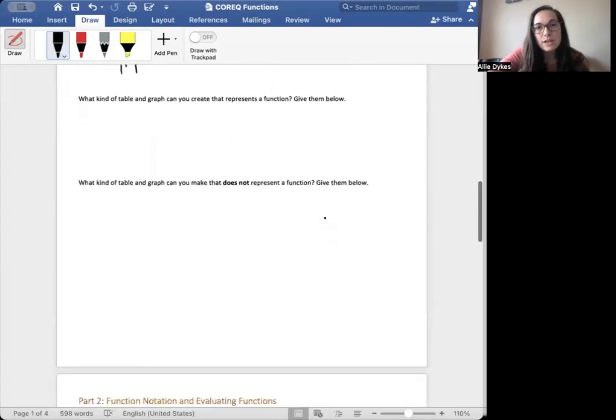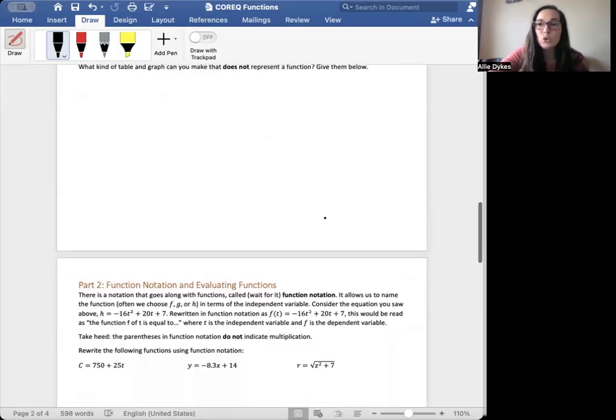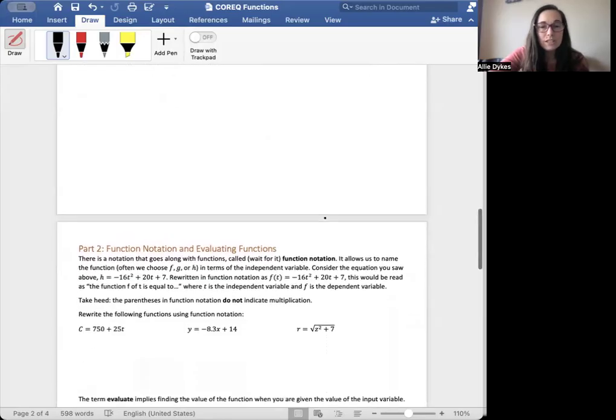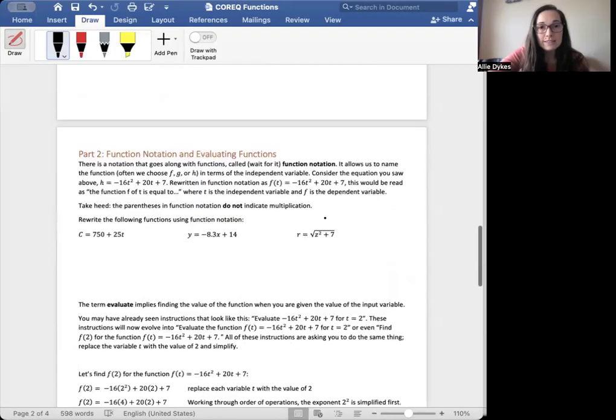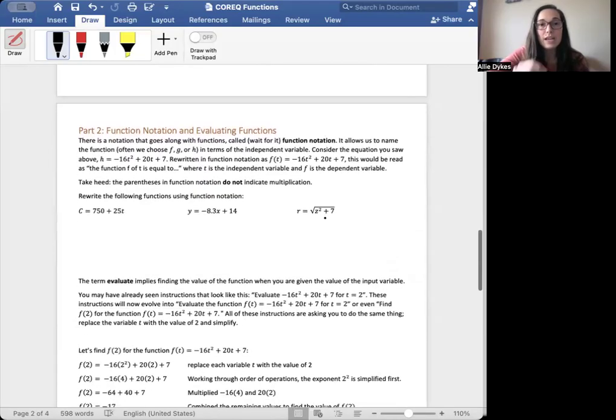Okay. So now that we have the basic tools for identifying a function, what's really important for us is understanding function notation. Function notation is a formal notation. We see it here rewritten in function notation as, and I'll read this out symbolically, f parenthesis t close parenthesis equals -16t squared plus 20t plus 7.